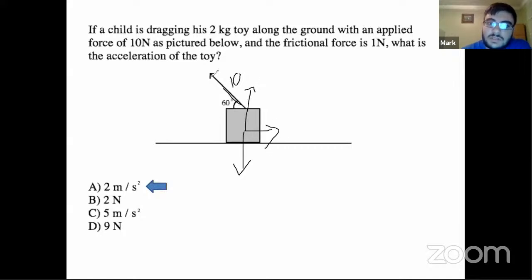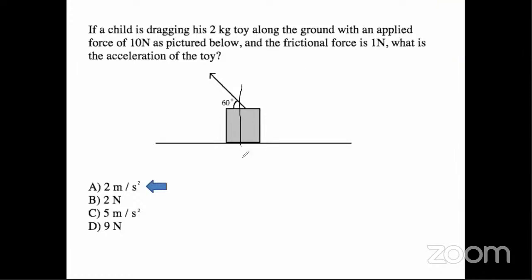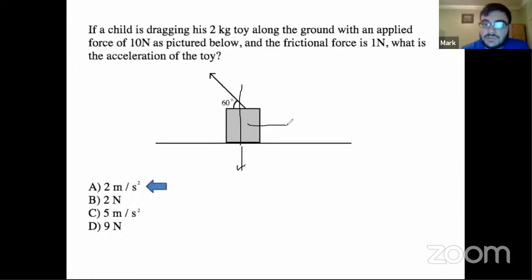But this arrow represents an applied force. It was the only force it could be. It couldn't be normal force because normal force is always perpendicular to the ground, gravity is always down, and friction always opposes movement. Does that make sense?